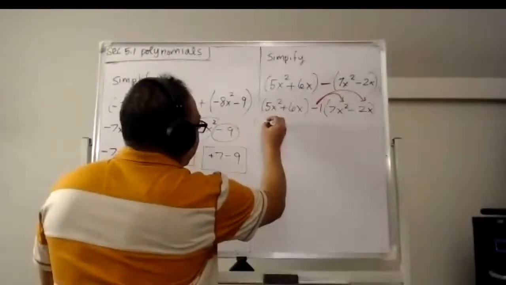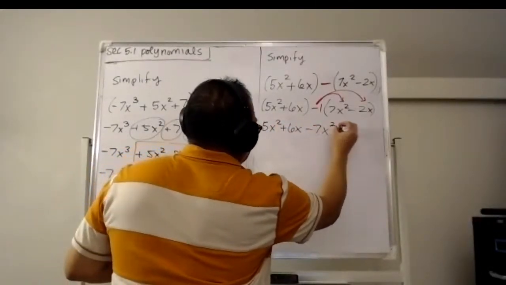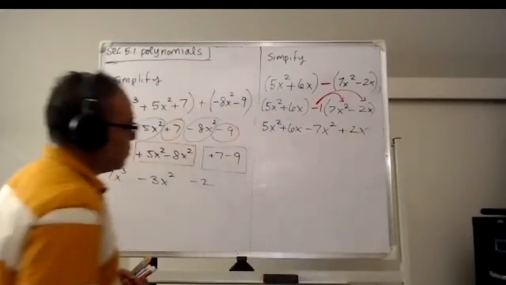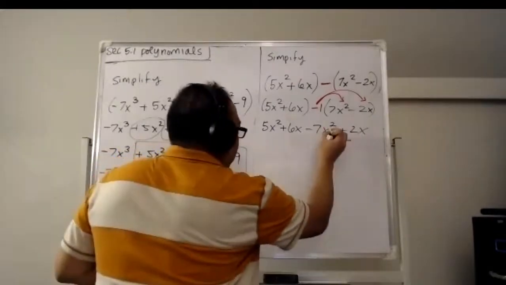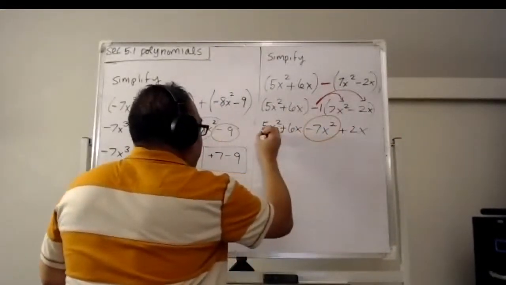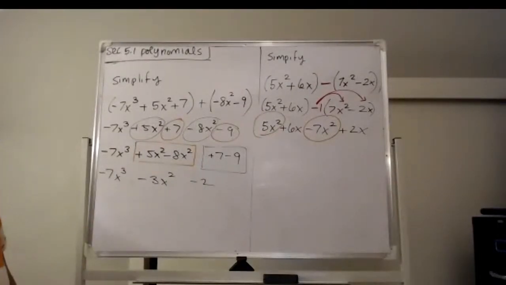So I should get 5x squared plus 6x. Like that. Now remember, that minus goes with the 7x. So go ahead and see if you can do that. Okay.